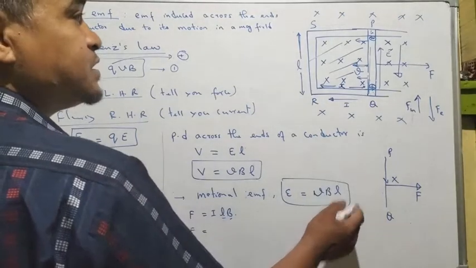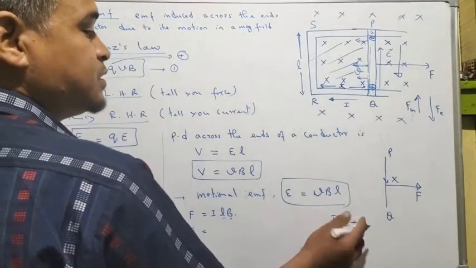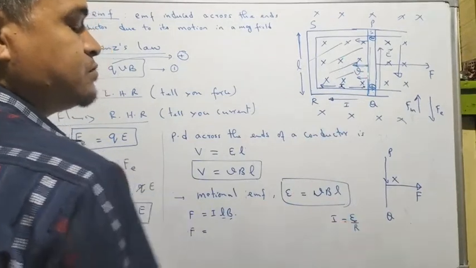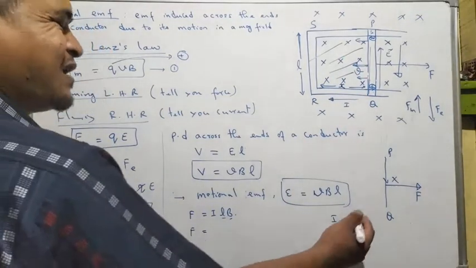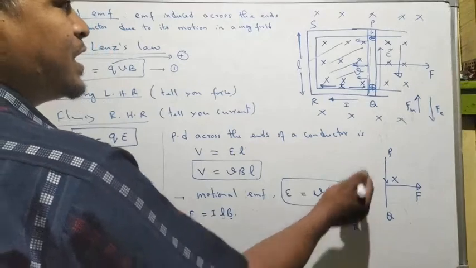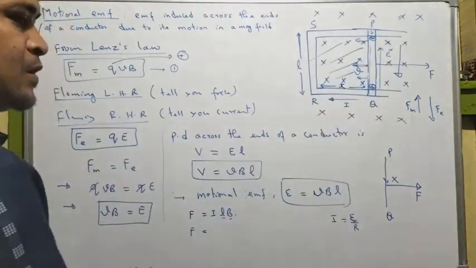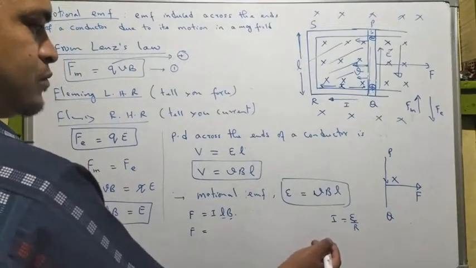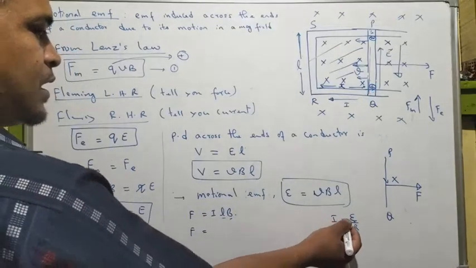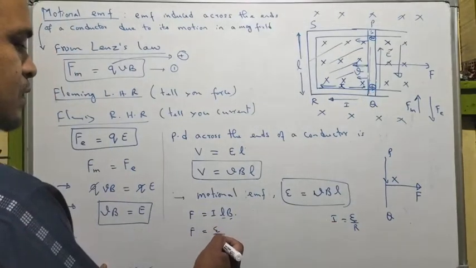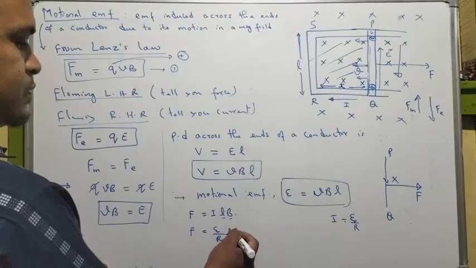And the potential difference in this case is actually the motional EMF, that is small e, I'll write with this symbol, upon R, and R is the resistance of this arm PQ. So if you write I is equal to e by R, then you'll get like this.